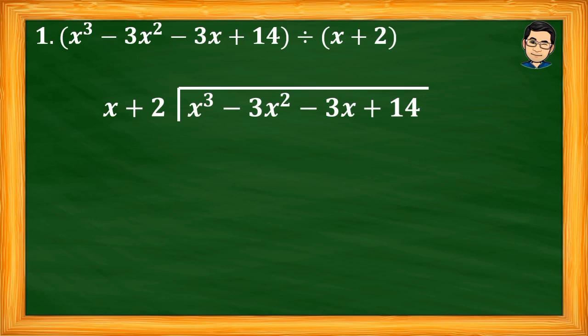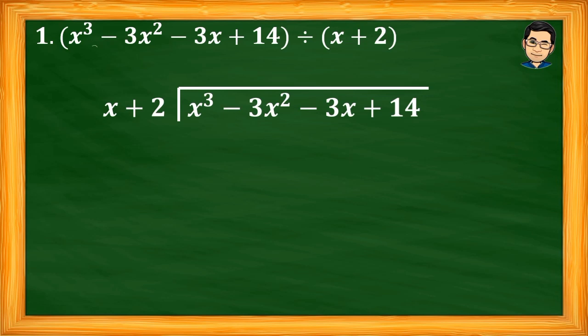So yung given na x cubed minus 3x squared minus 3x plus 14 will serve as our dividend. And then yung x plus 2 naman yung magiging divisor. So kapag gumagamit tayo ng division na operation, yung nasa loob, yung dividend, and then nasa labas yung divisor.